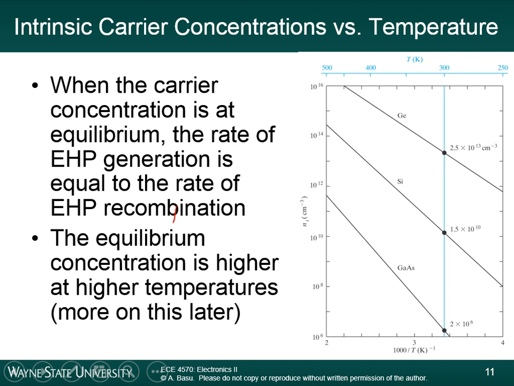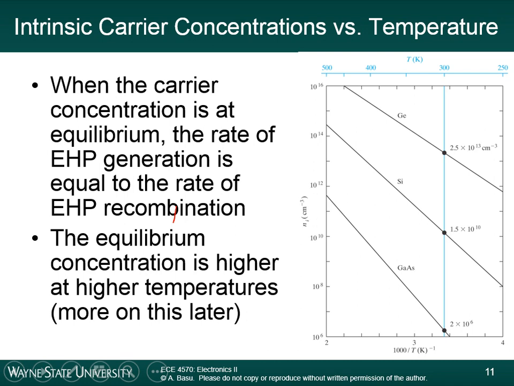What's in common for all three of these materials is that the intrinsic carrier concentration increases as we go from low temperature to high temperature, from 250 to about 500. Here's the value that I talked about, 1.5 times 10 to the 10.